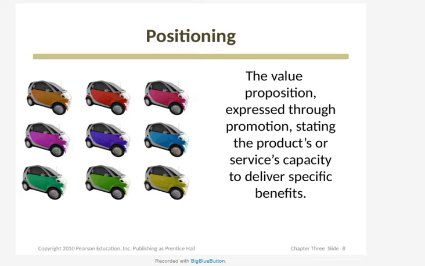So it's an element like the marketing mix, which is the product, place, price, and the promotion strategies must work to deliver this image of the product and its ability to provide benefits to the customers. Okay, so this is simply positioning. Okay, well.